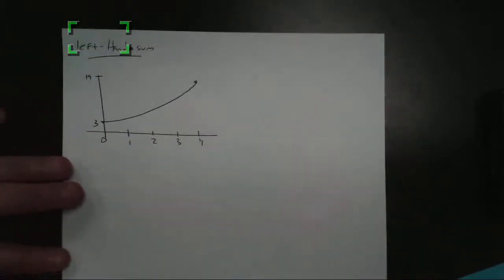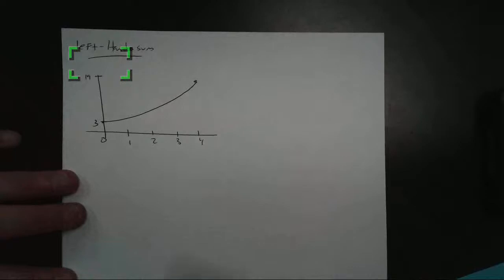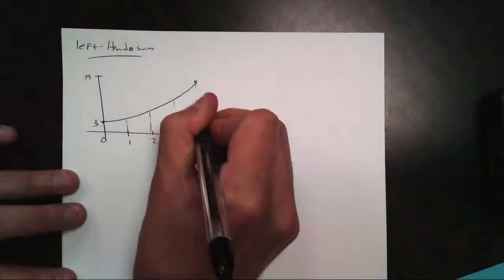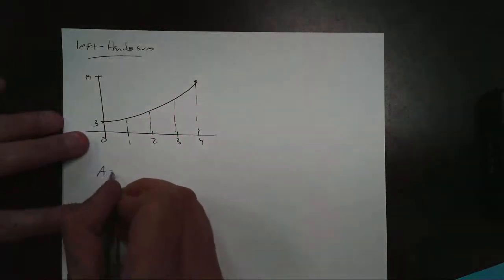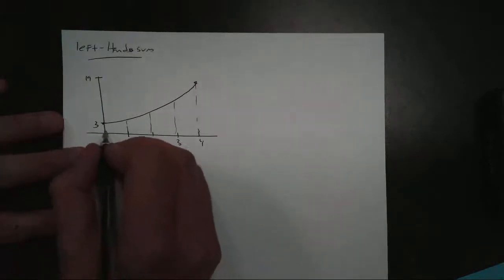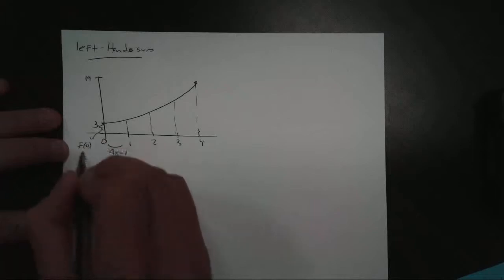But this time, when we partition it into rectangles, we're going to pick the number on the left. So to get the area, it's still going to be delta x equals 1 wide. But now I'm going to pick this height, which is going to be the value at 0.